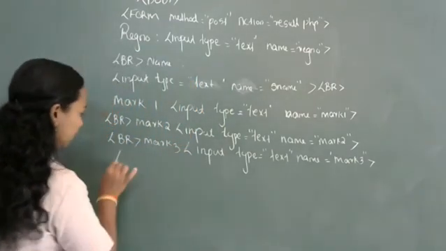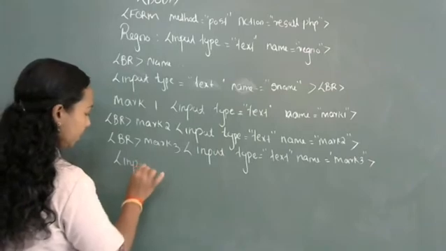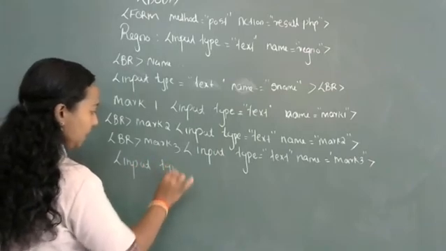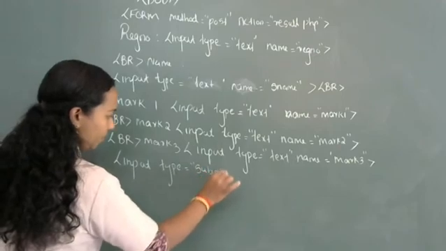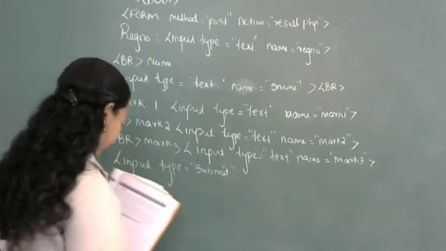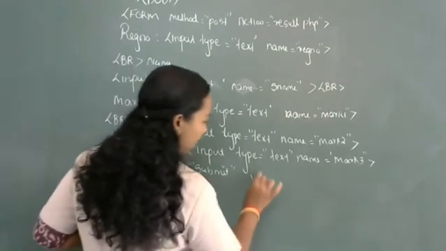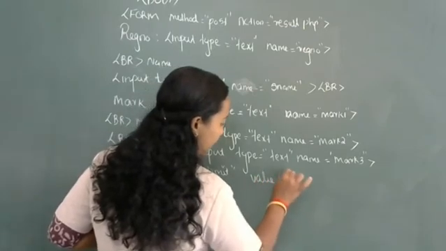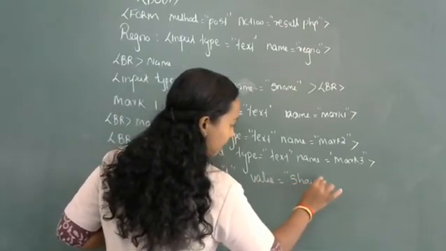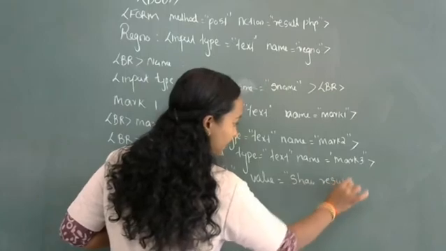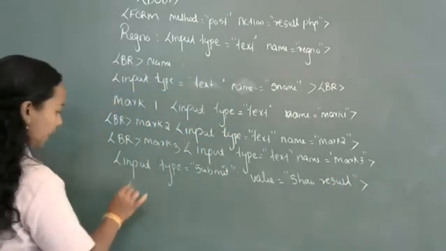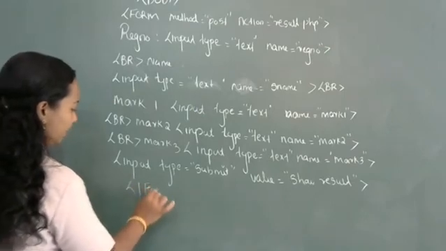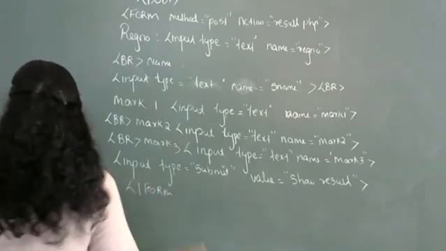Then input type equal to submit, value equal to show result. Then after that, close the form tag.